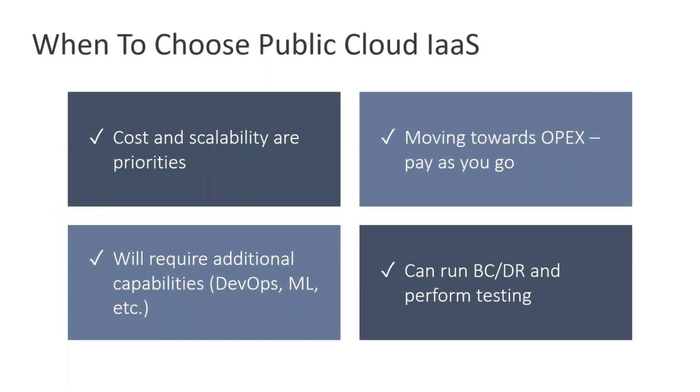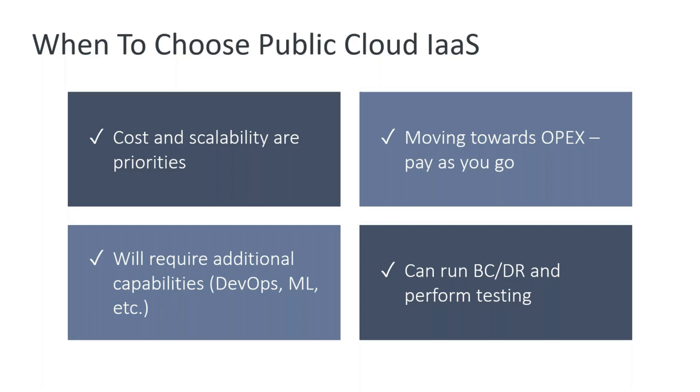So when do I want to do it? Cost and scalability are priorities, especially if I'm looking at OpEx. Another thing you can get from these hyperscalers, from the IaaS, is the ability to leverage things like DevOps technologies and containers and other things that could supplement the environment. You've got a lot more of these PaaS type services within the hyperscalers.